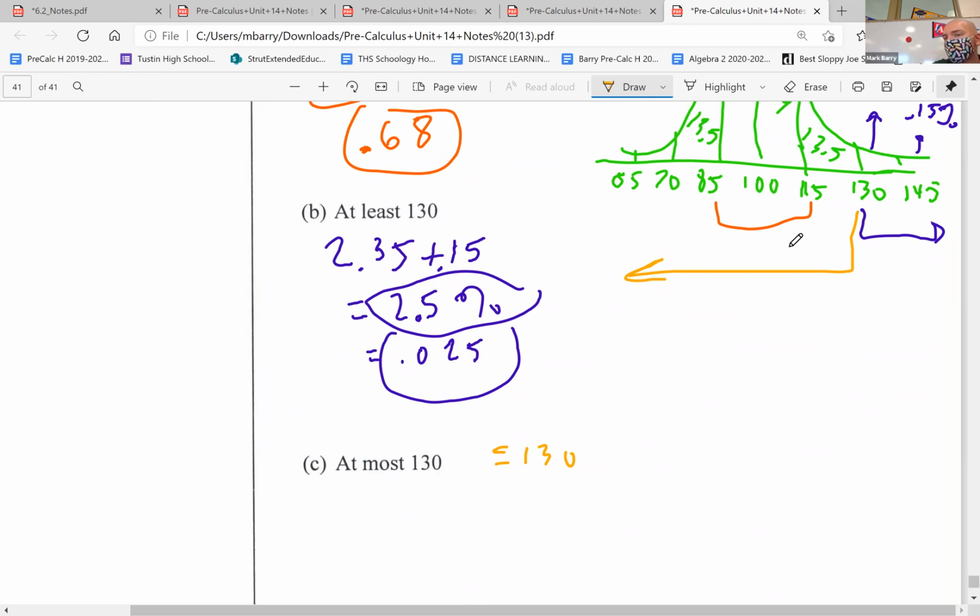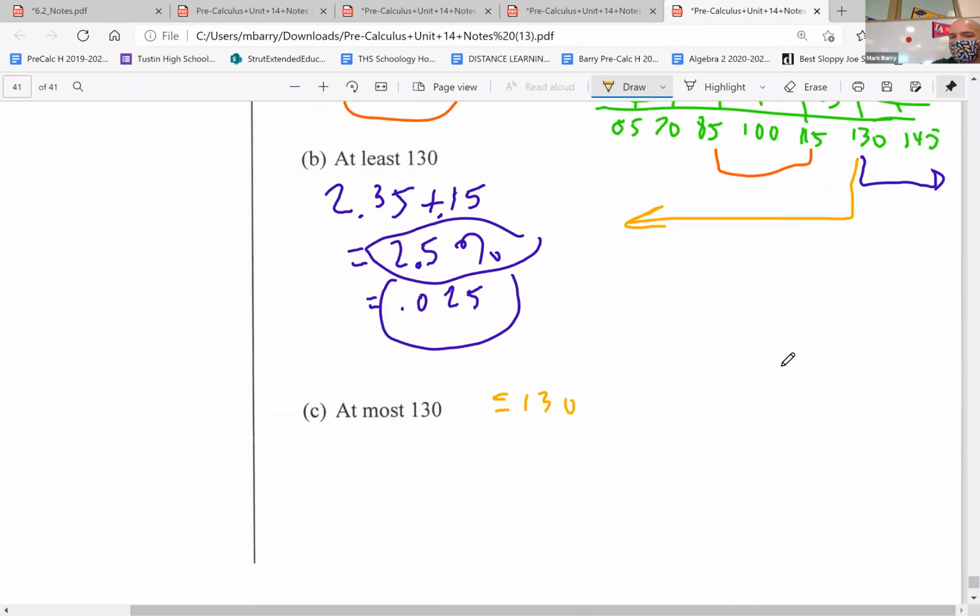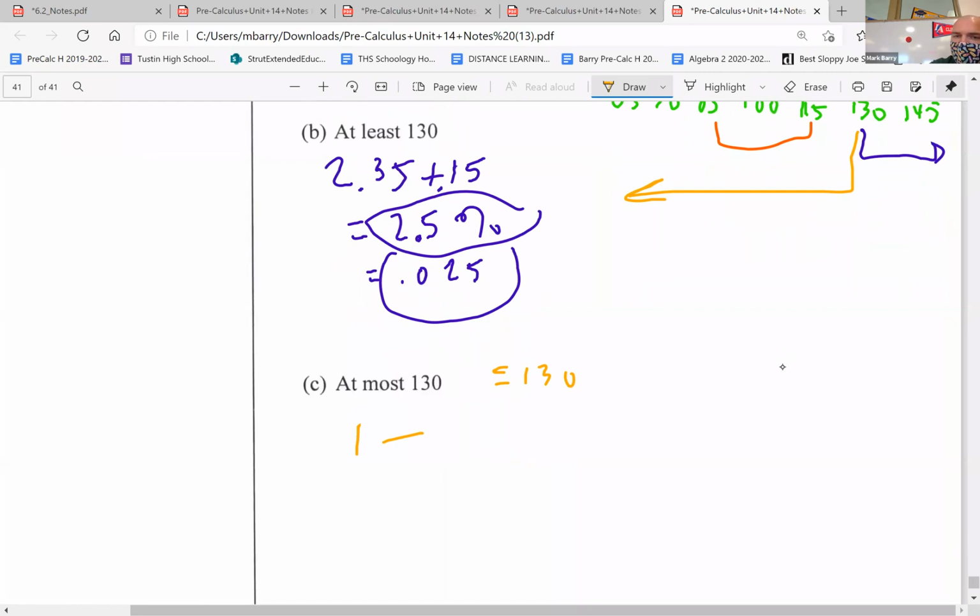But what's actually easier, since we have this one, is I'll do 100% minus my previous answer, because you can see that the previous answer and this one are like the two sides, like the complement. They need to add up to 100% or they need to add up to 1. And so that's going to be 97.5%.